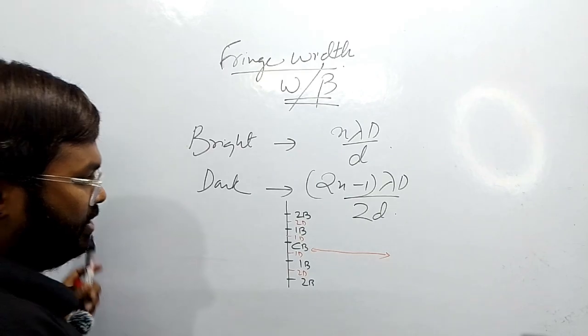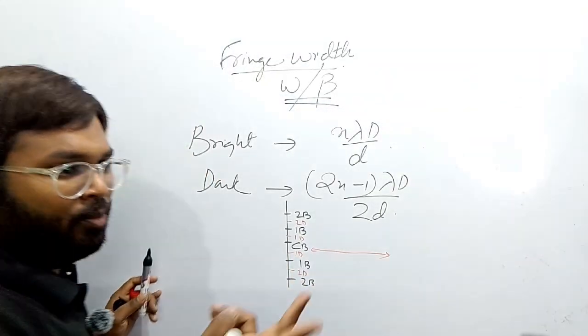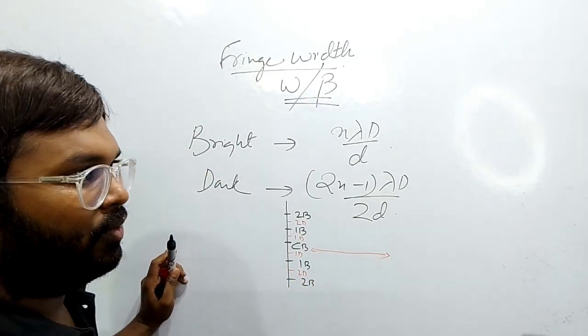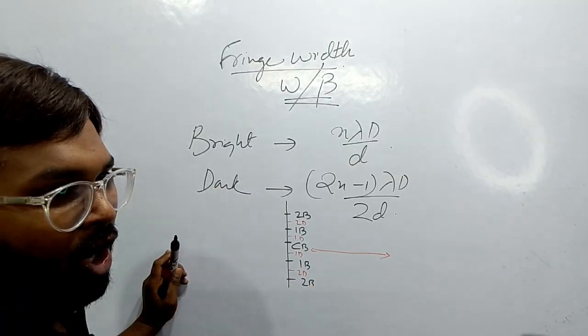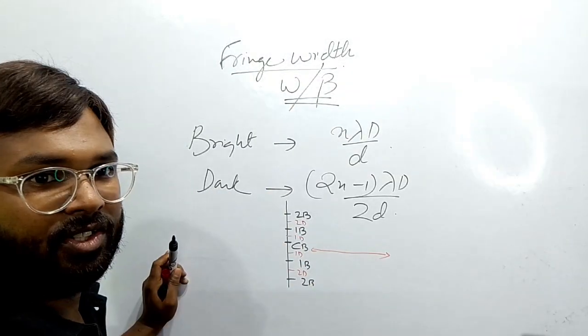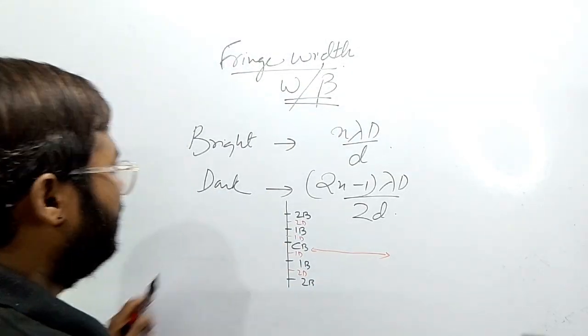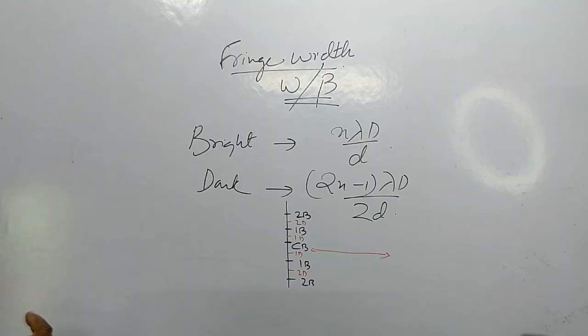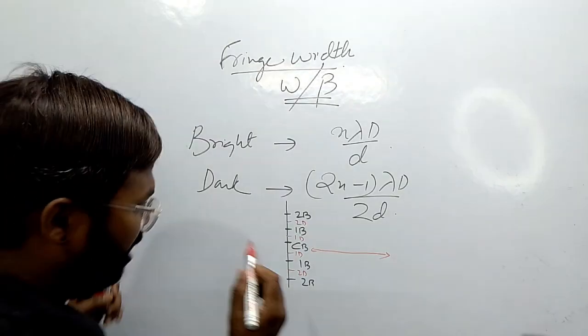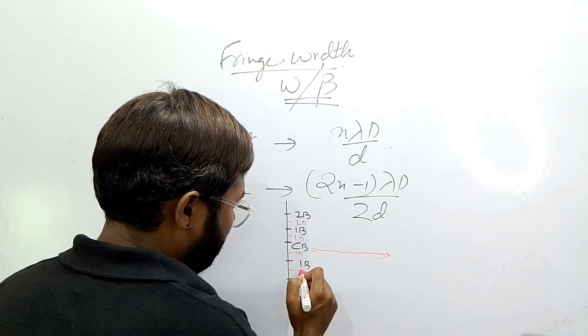See, the consecutive two bright fringes will make the fringe width of a dark fringe. Got it now? The distance between two consecutive dark fringes is the width of a bright fringe. How do you see here?